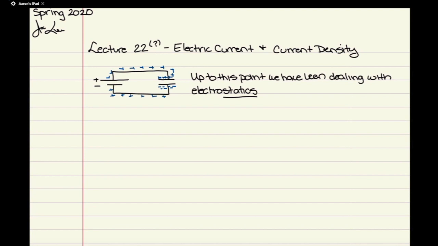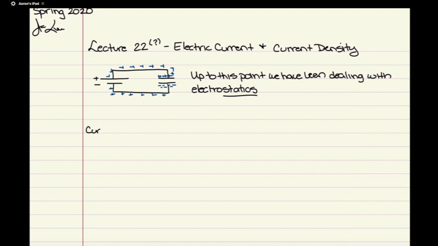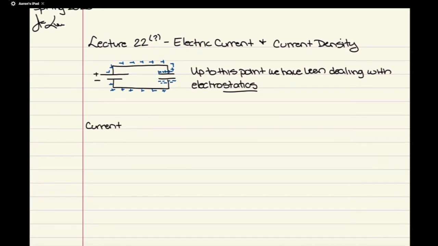So we're going to start very simple and qualitative and try to build up to something a little bit more quantitative. So current, if I were to try to define it, I might first think that it requires charge to move.